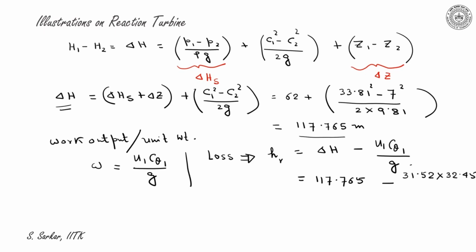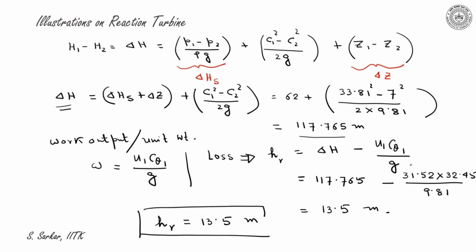Now I'll solve a problem on a Kaplan turbine. The statement of the problem is: a Kaplan turbine designed with a power specific speed of 3.0 radian, a runner tip diameter of 4.4 meter, a hub diameter of 2 meter, operates with a net head of 20 meter and a shaft speed of 150 revolution per minute.